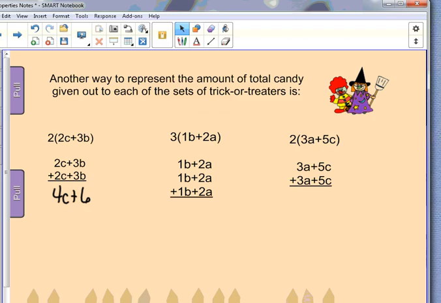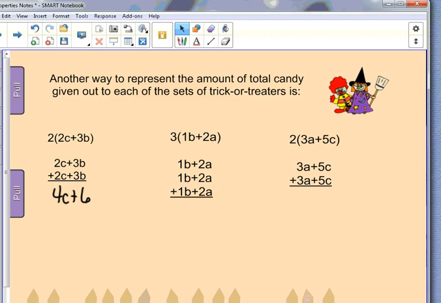Okay? We have another set of trick-or-treaters coming. This time 3 kids show up. And each kid says, I want 1 bubble gum and I want 2 apples. So you have to distribute 1 bubble gum and 2 apples into how many bags? 3. So bag 1, you do 1 bubble gum, 2 apples.